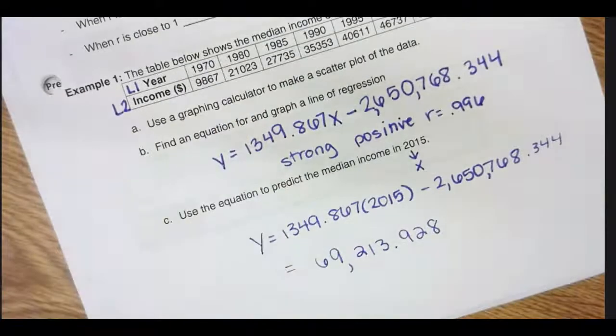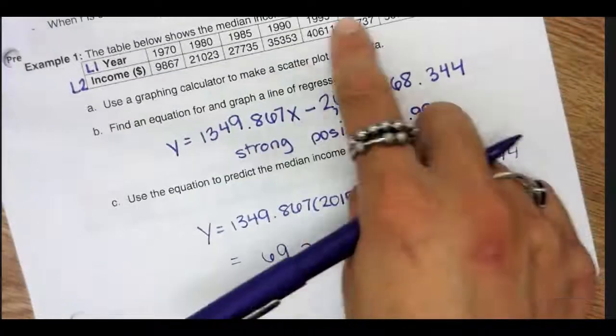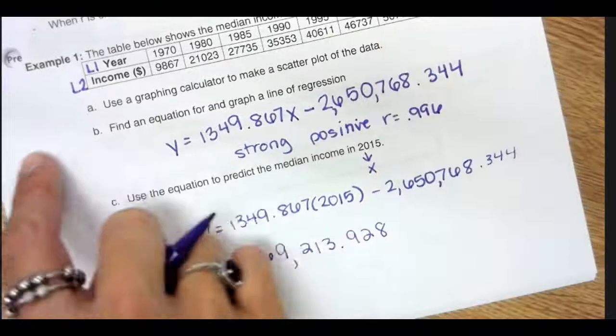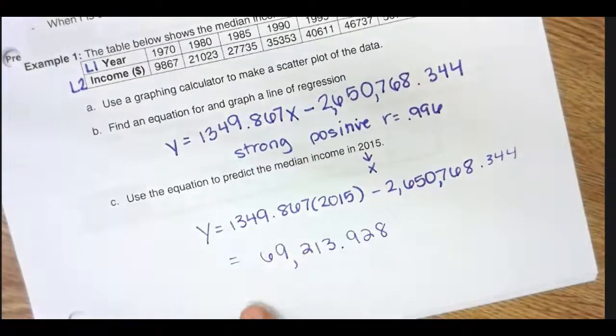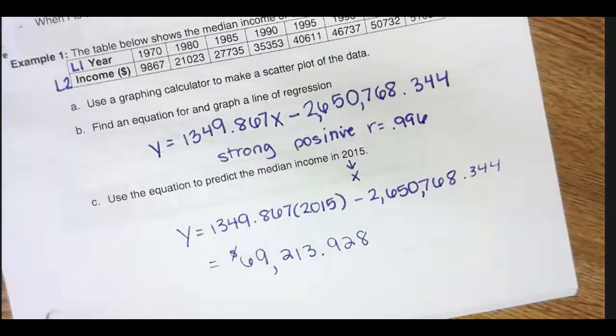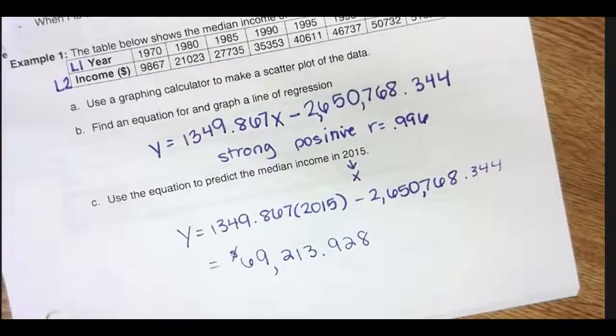So what that means is that in 2015, my table of values predicts that the median family income will be $69,213.93.